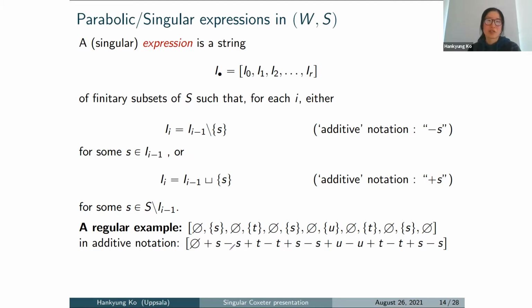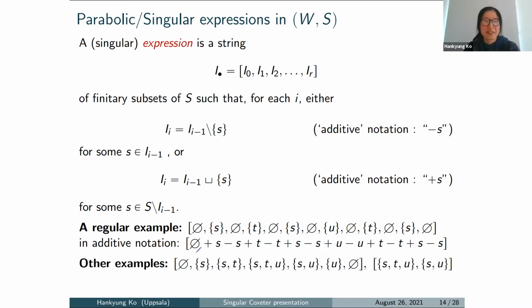We record the differences at each step, and you have to record where you start. I will say soon why I call it a regular example. And here are just some other examples, in the notation where I write the subsets, and in the notation where I write the differences.